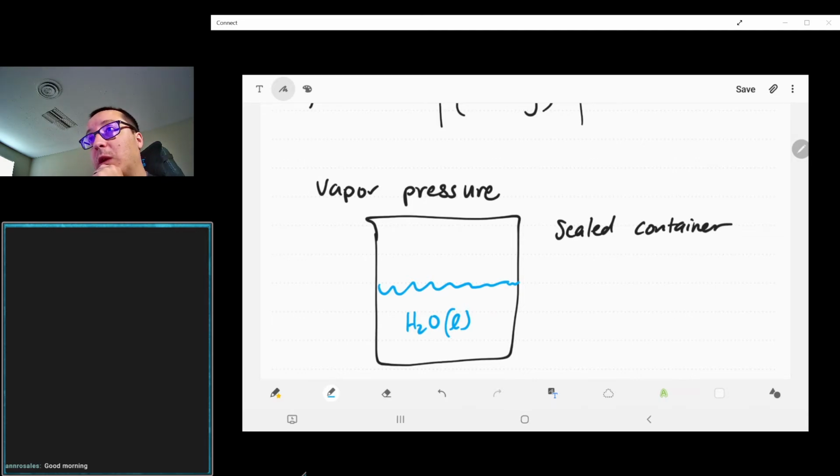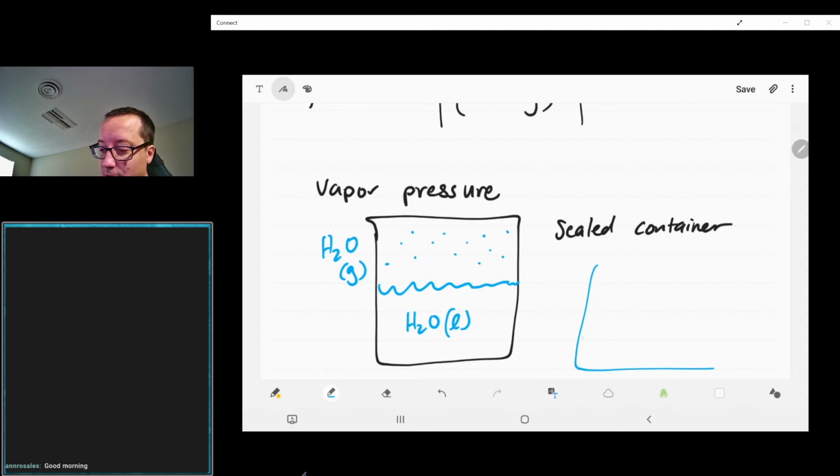But we know that there will be some molecules that will have evaporated, and they're just going to be gaseous water up there. We know that water evaporates even at room temperature. Yesterday, again, we kind of looked at those graphs, those distributions. We see that even at kind of low temperatures, we still have some molecules that have enough energy to boil or something, even a little bit. And so we will always have gas particles above a liquid.